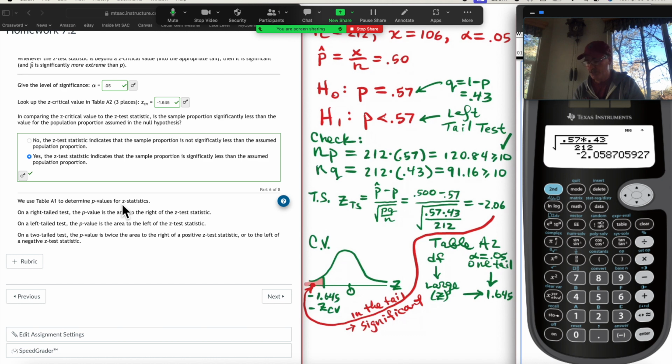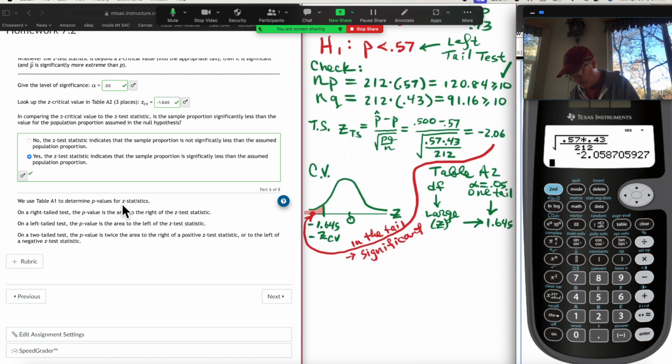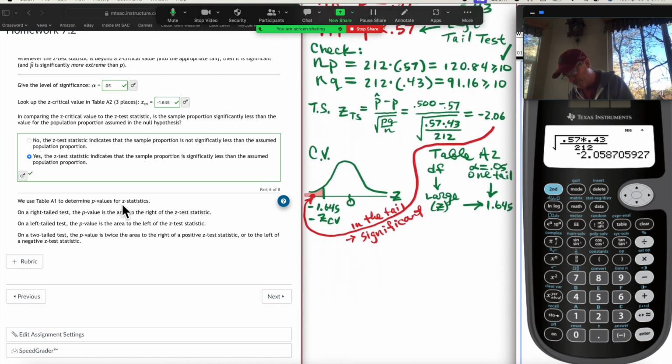That's for the p-value. So I think we go down a little bit here and maybe make one more diagram. I'll go ahead and put it right here. I think I want it to be a different color. And let's put our test statistic down.